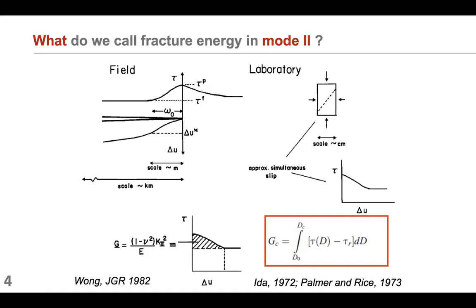So in the past, from laboratory experiments and also kinematic inversion in seismology, people tried to estimate this fracture energy as a function of the integral of the slip and the stress change occurring far from the crack tip.